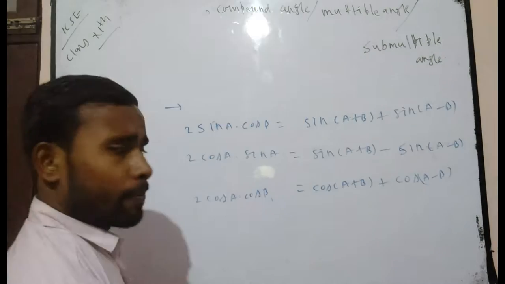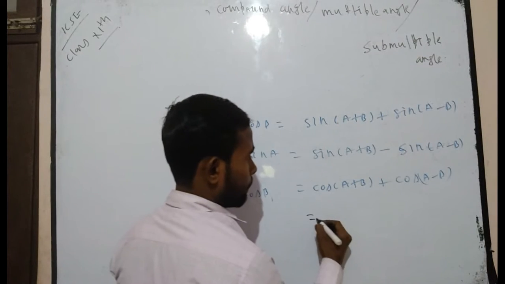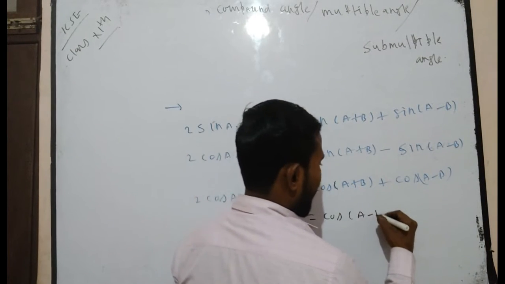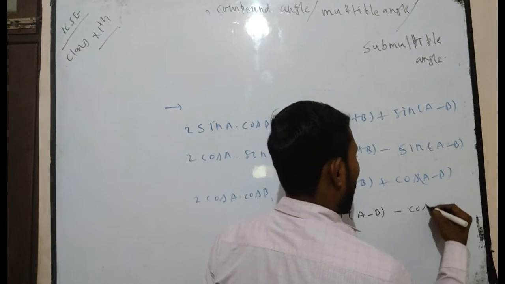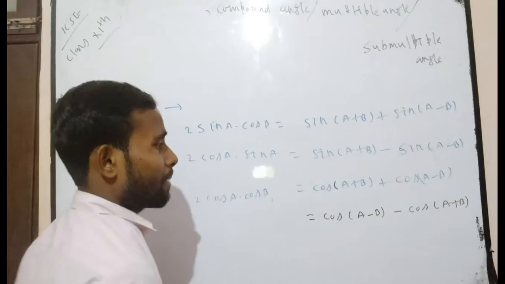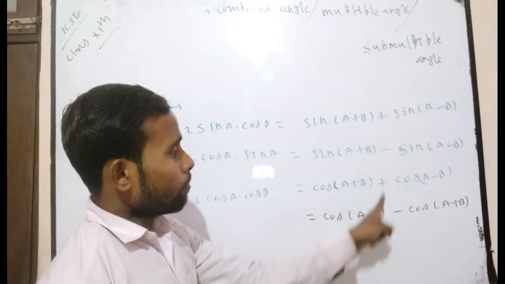Next formula will be cos(a minus b) minus cos(a plus b). You have to be careful here.